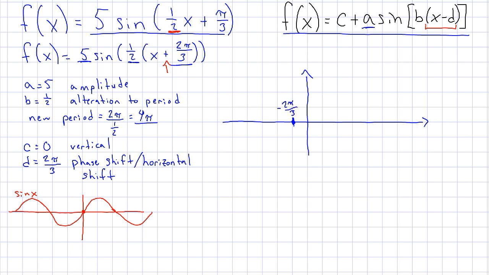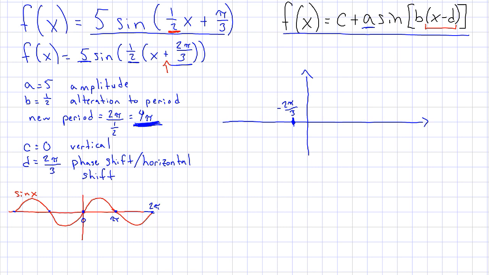Now I need to see where else it is going to touch the x-axis. If I look at my original function, it touches the x-axis at 0, at pi, at 2 pi, right? I have a different period though. So I know that I'm going to hit the x-axis 4 pi to the right.